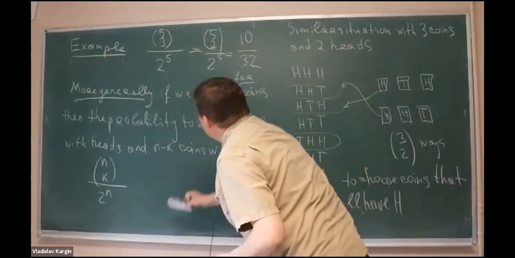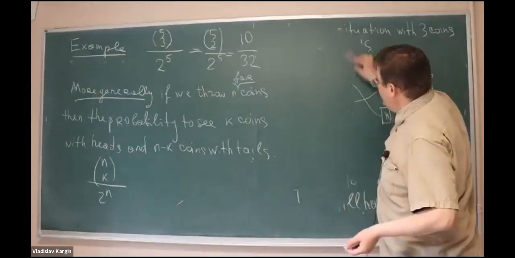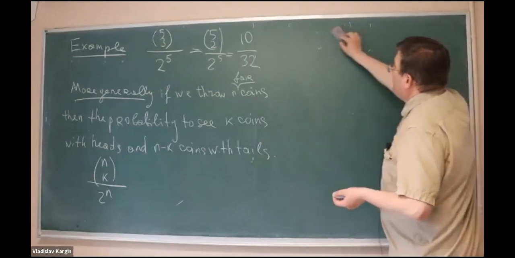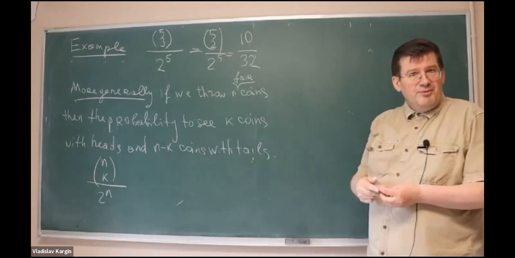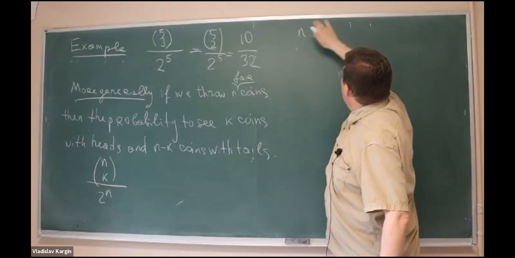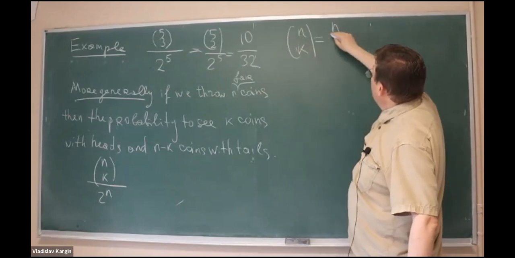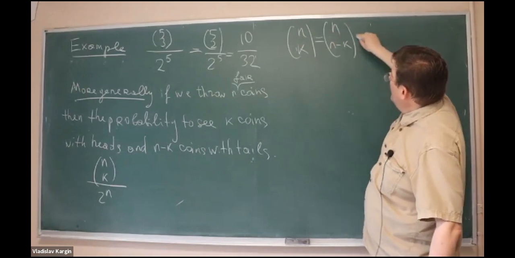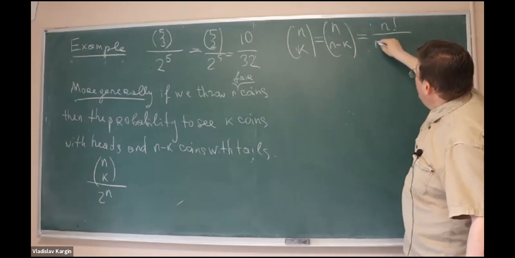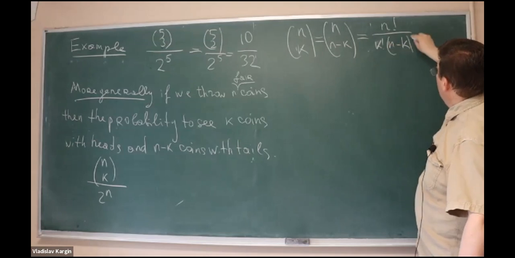I did it because it's easy to calculate 2 out of 5, and 3 out of 5 is the same thing. I was just trying to explain why it's very easy to calculate. So you have the identity: n choose k is equal to n choose n minus k. It's because if you write it, the first one is n factorial over k factorial, n minus k factorial.